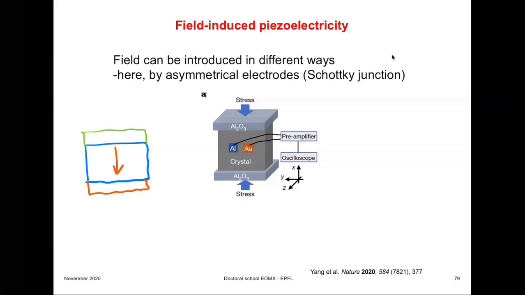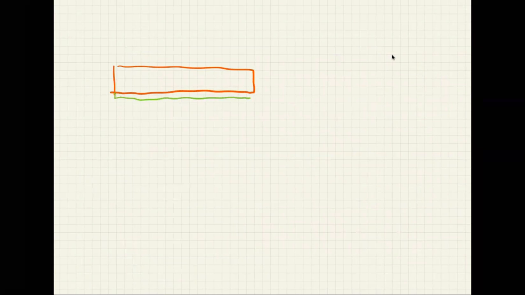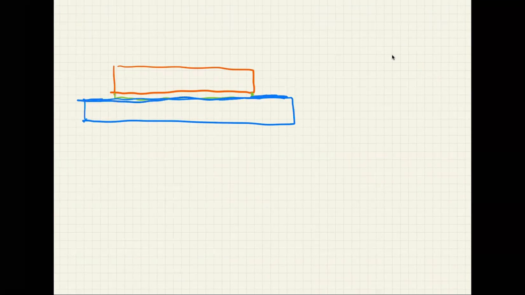This has been observed years before, especially in thin films. So what you would get in thin films is the following. Whenever you have a film, okay, so let's say this is the film, then usually on the bottom of the film you have to have some layer to prevent the film reacting with the substrate, and then you have your substrate, and somewhere here you will also have an electrode, okay?